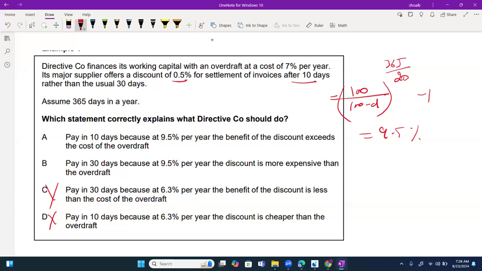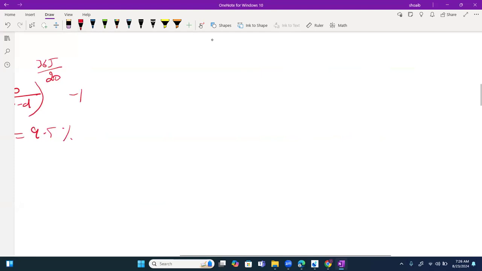What is the concept? Try to learn the concept. If you pay within 10 days, you will get a benefit of 9.5. If you pay late, you will save 7%. Okay. What is the concept behind this? It's a 30 days period.